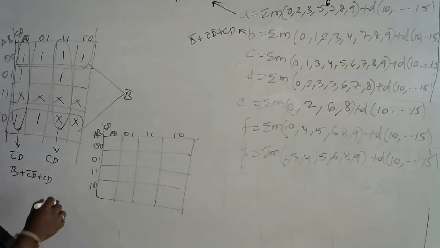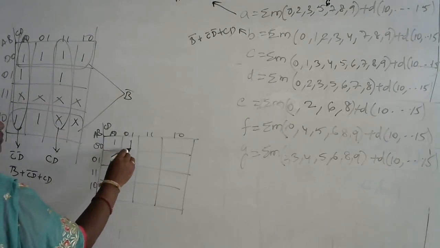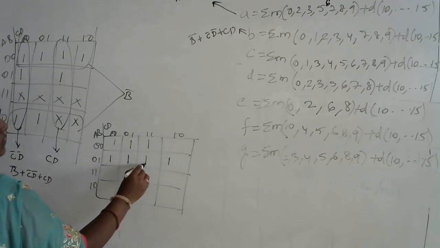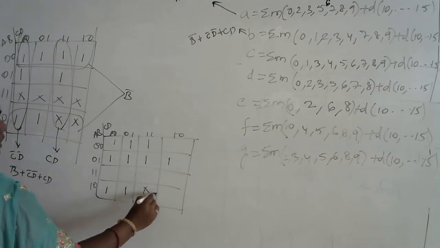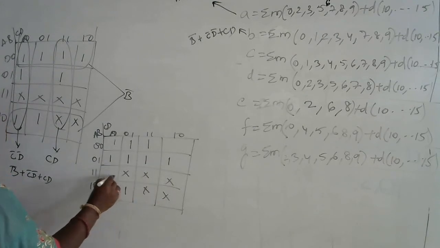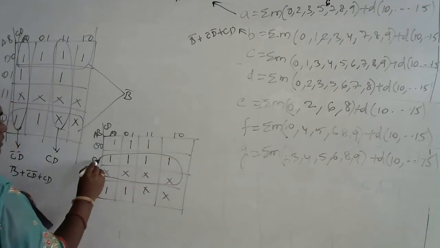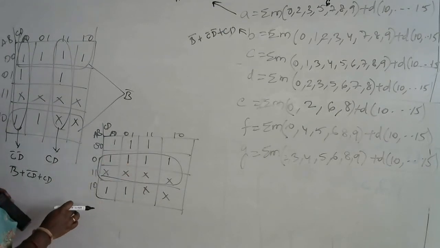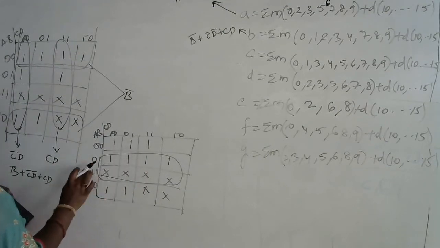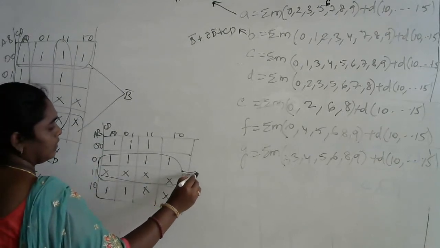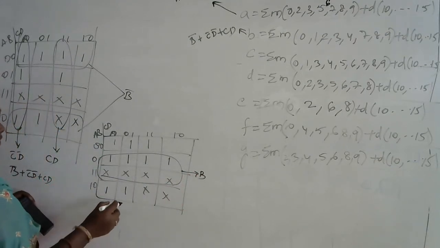So for C, 0, 1, 3, 4, 5, 6, 7, 8, 9 and 10 to 15 are don't cares. So you can make C in such a way that this is one octet. If you take this as an octet, all rows are related with B, columns will be cancelled out.